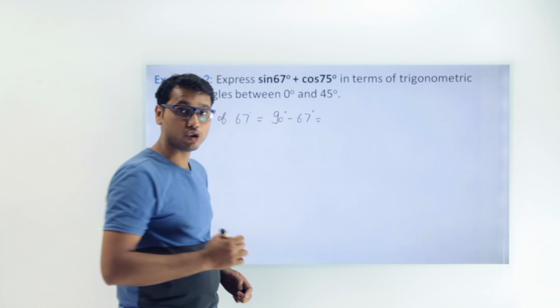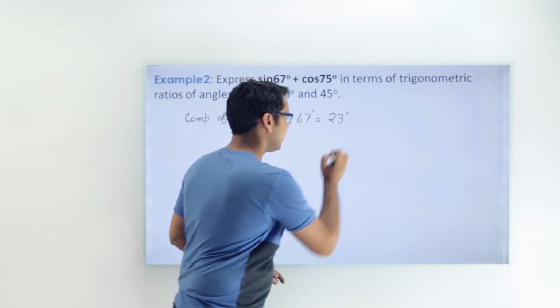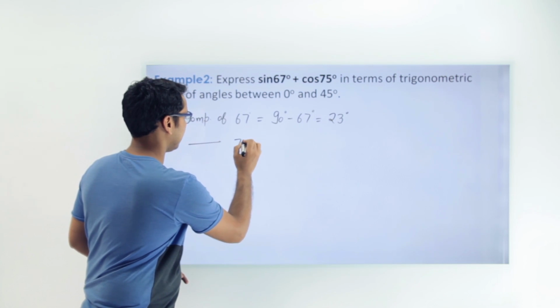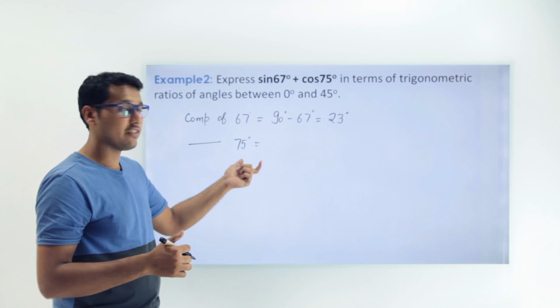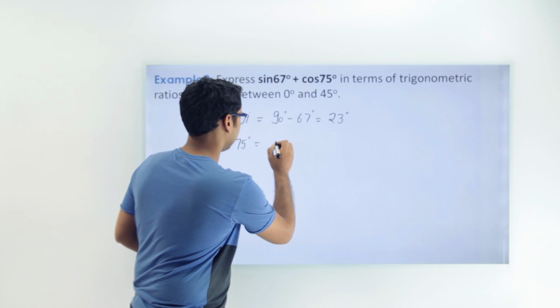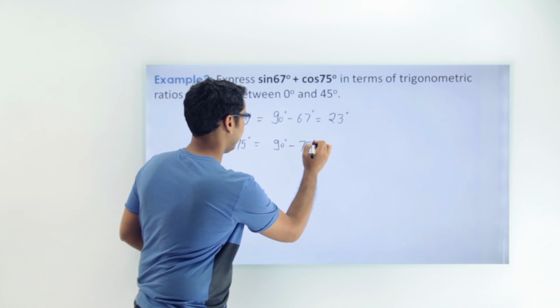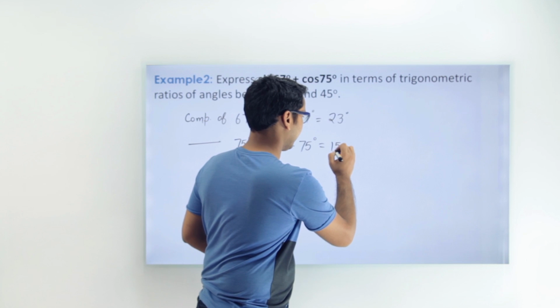So this comes out to be 23 degrees. Similarly, we can find out the complementary angle of 75 degrees. So we'll subtract 75 from 90. So this will be 90 degrees minus 75 degrees. So this will come out to be 15 degrees.